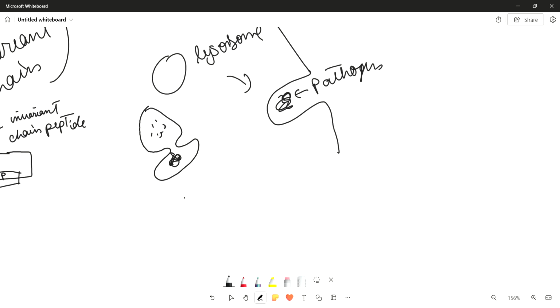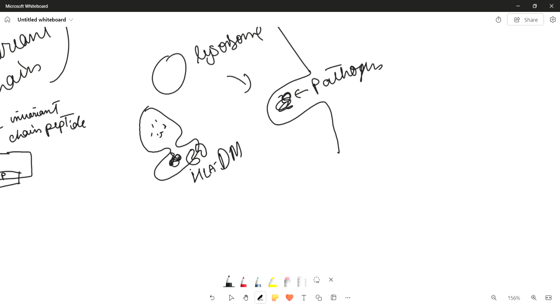On the phagolysosome, there is an MHC Class-II-like molecule called DM or HLA-DM. These are very similar in structure to the MHC Class-II itself.